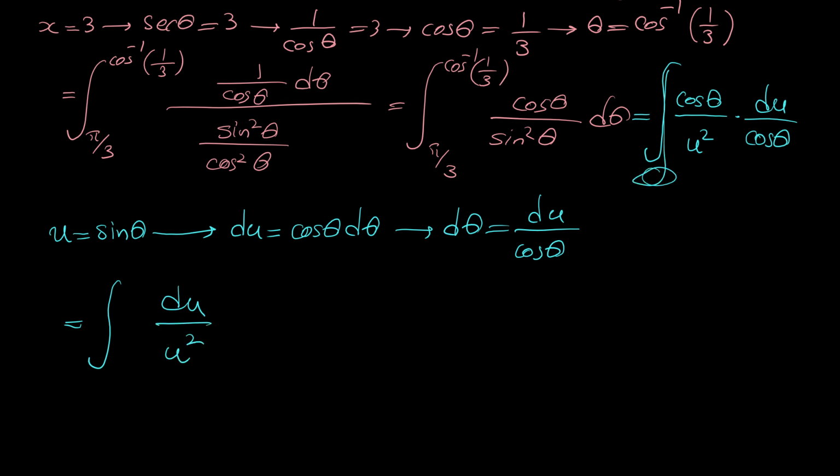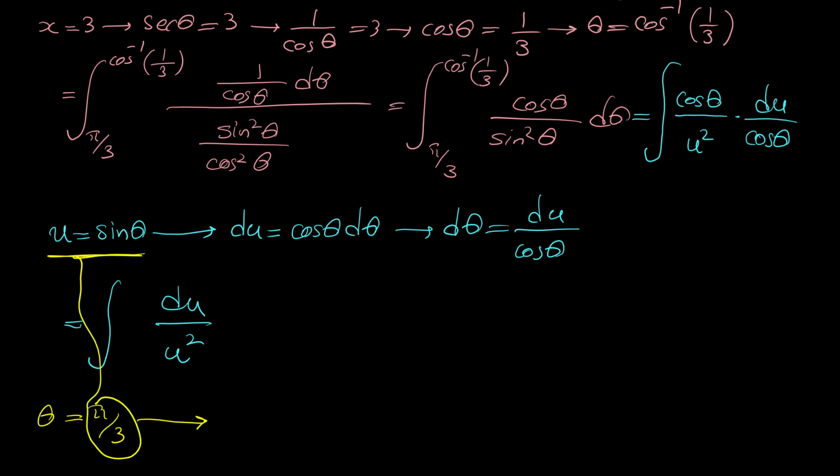But we have to update the upper bound and lower bound again. Theta is from pi over 3 to cosine inverse of 1/3. So please pay attention. When theta is pi over 3, this is the substitution.